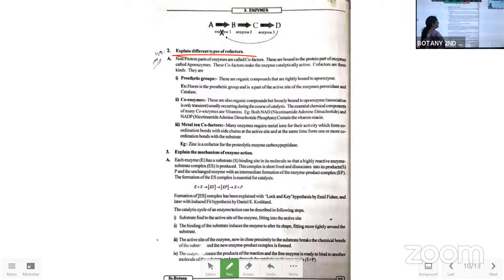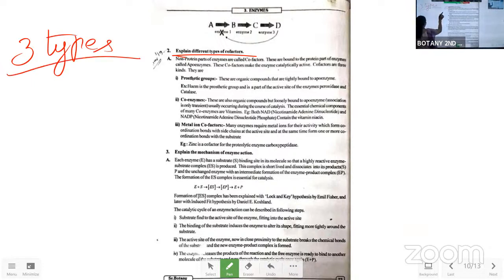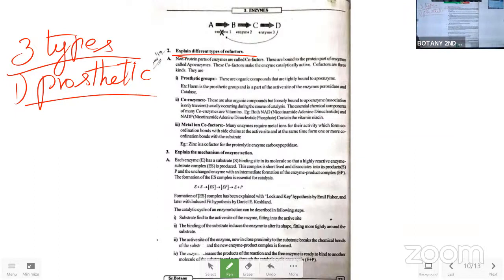Okay, so here these cofactors are again of 3 types. The first one is the prosthetic group, and the second one is the coenzymes, and the third one is the metal ion cofactors. Okay, so the first one is the prosthetic group.